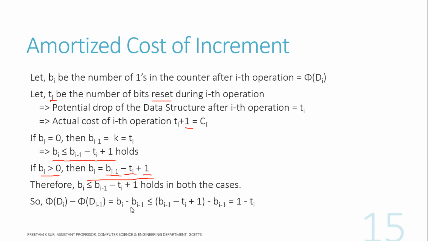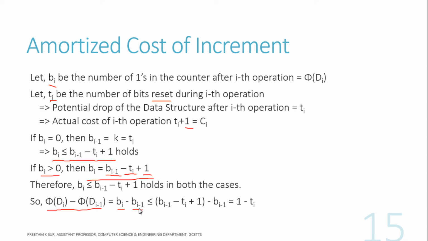So now we will determine the potential difference after the ith operation. The potential difference after the ith operation is phi of di minus phi of di minus 1, right? So this is nothing but bi minus bi minus 1, because the potential is nothing but the number of ones in the counter, which is denoted by bi. So phi of di is equal to bi, and phi of di minus 1 is equal to bi minus 1.